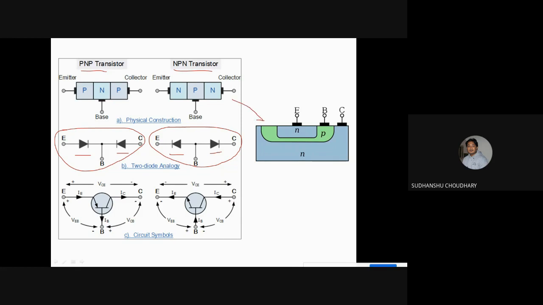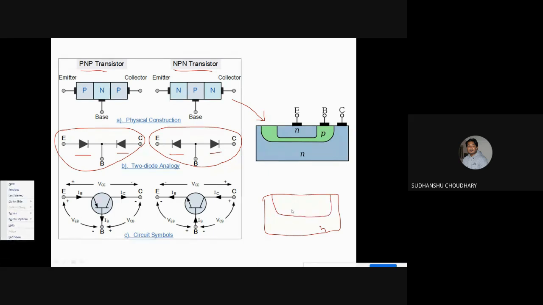So this is the actual device, a fabricated one. First of all, you start with an N-type semiconductor, and in this N-type semiconductor, you create a cavity. That is, you dig out the N-type semiconductor from this region. Then in this cavity, you fill P-type semiconductor, and then again you create a window or cavity.